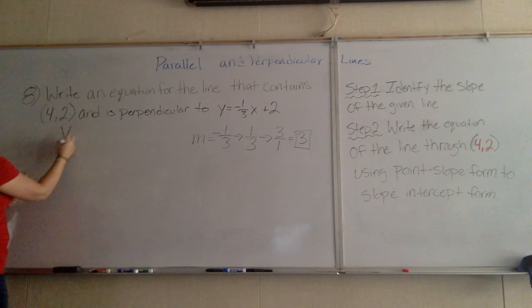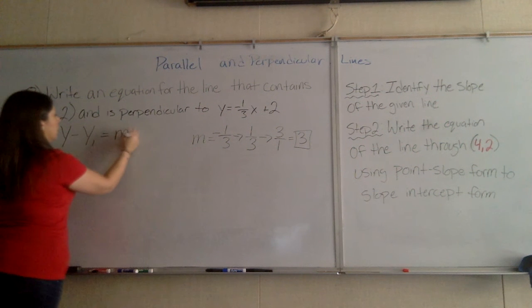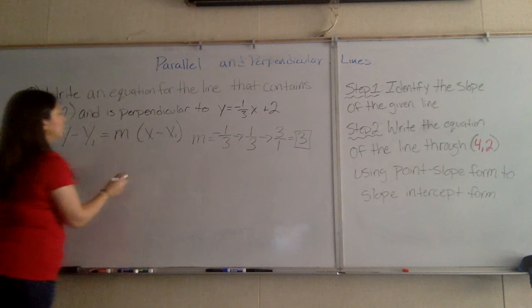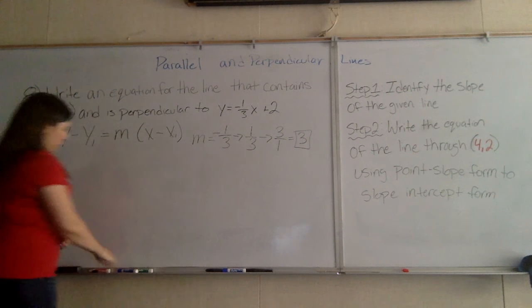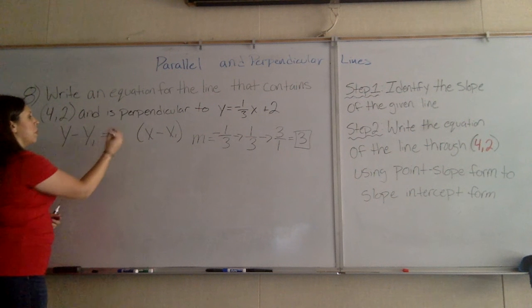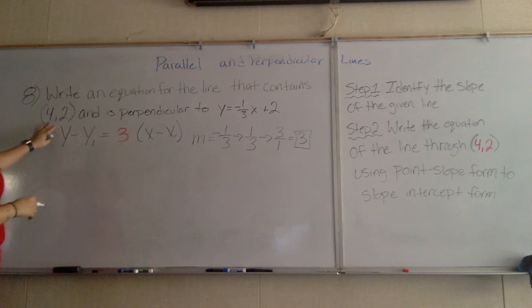So point slope form is y minus y1 equals m(x minus x1). My slope is going to be 3, so I'm going to erase this m and plug in my 3. I'm going to take my point and do the opposite.